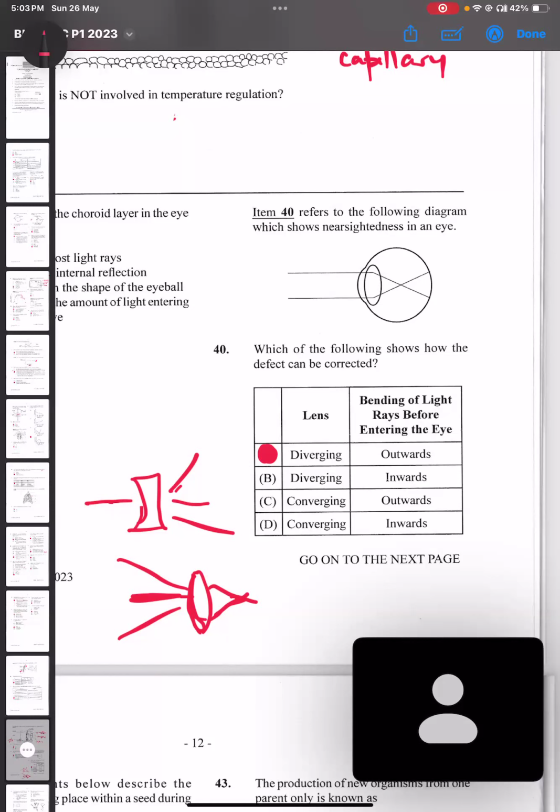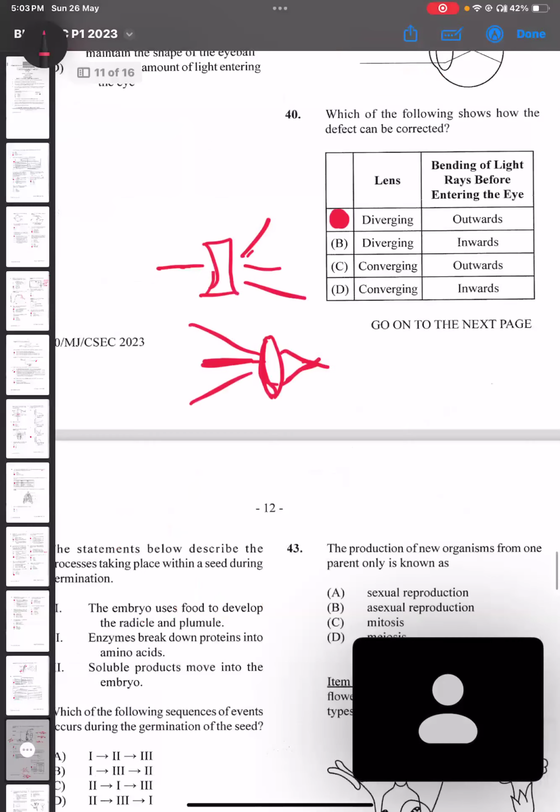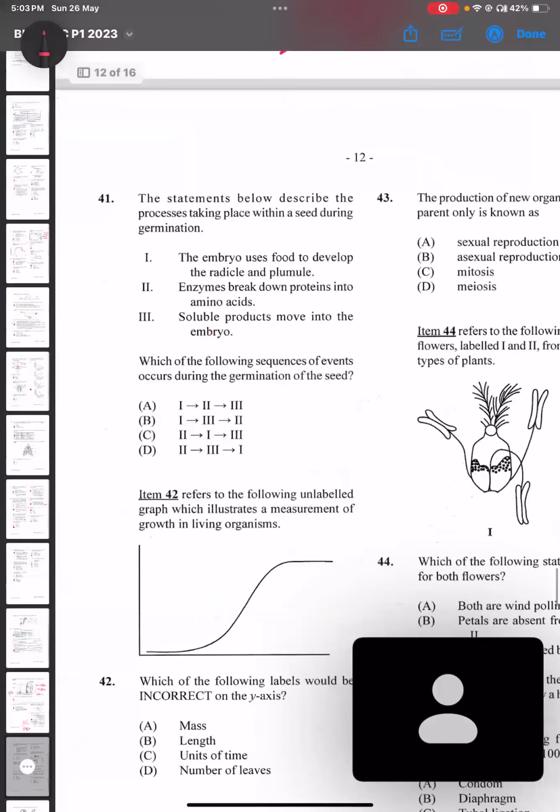Yeah, all right. And then for 41, it says the statement below describes the process taking place within a seed during germination. And we're supposed to put those three steps in the order in which they would occur in the germination of a seed.